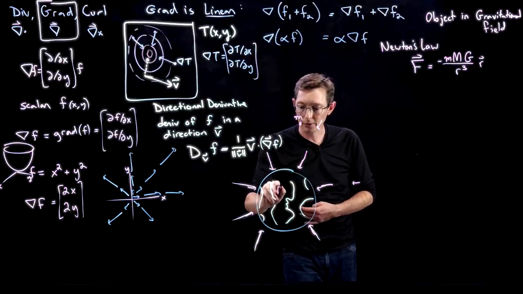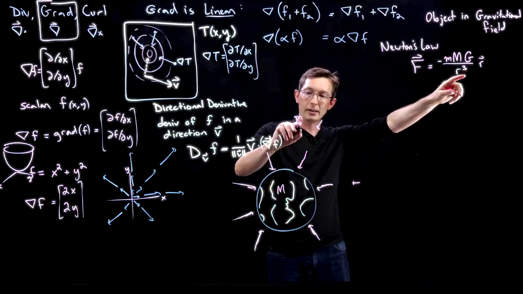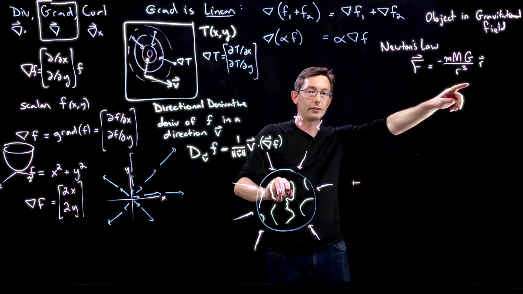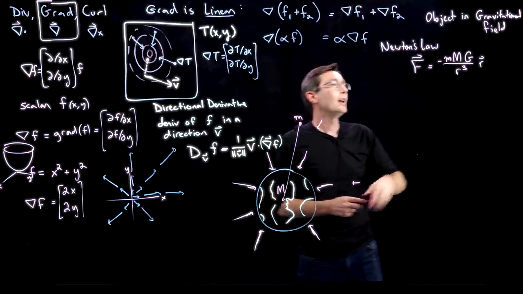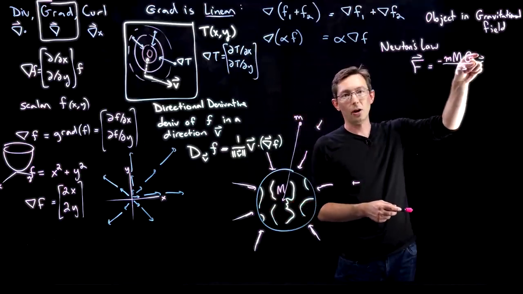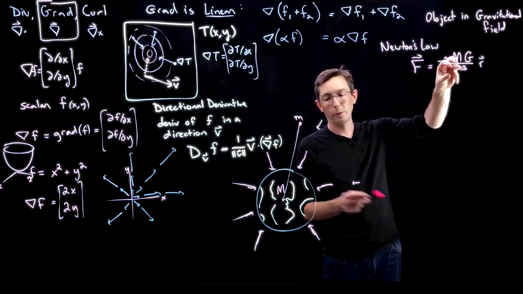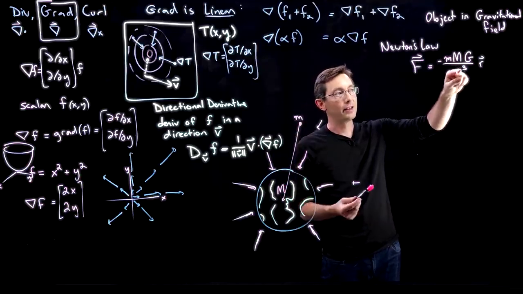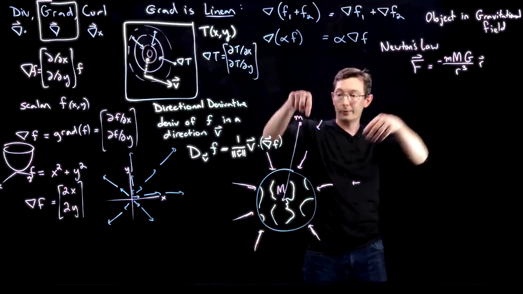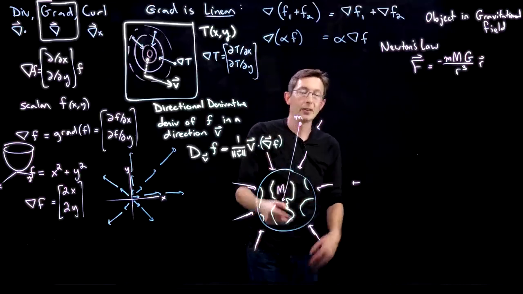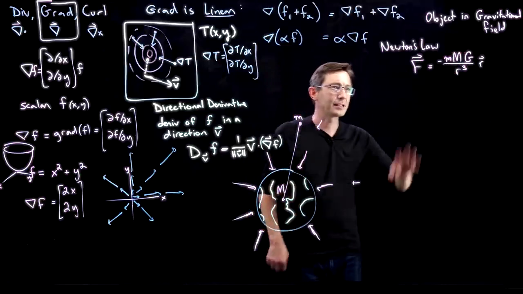Of course, Earth has mass big M. And this r vector is always pointing towards the center of the Earth. And this has magnitude r, so I need another r down here. We know that the force decreases as r squared, and then I need another r to counteract the magnitude of this. And that's it. The force always points in the radial direction, and it has magnitude given by this expression here. Okay, that's all fine and good.